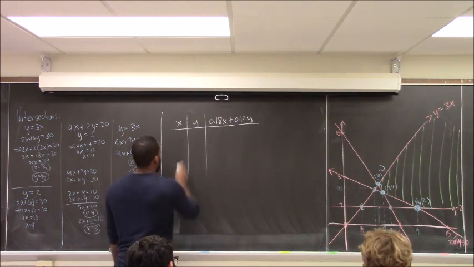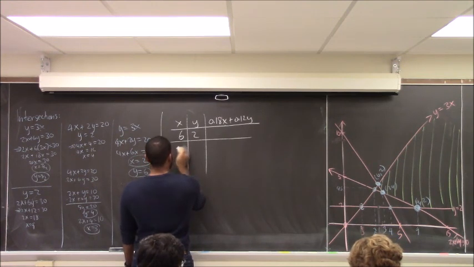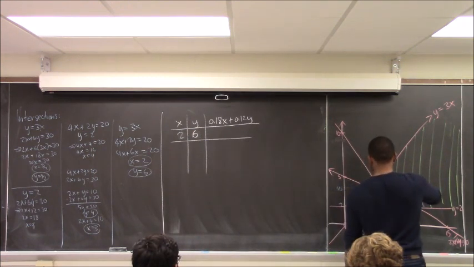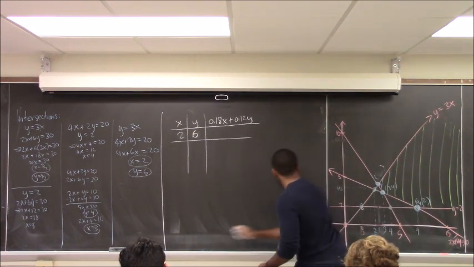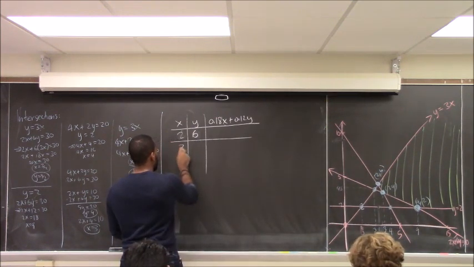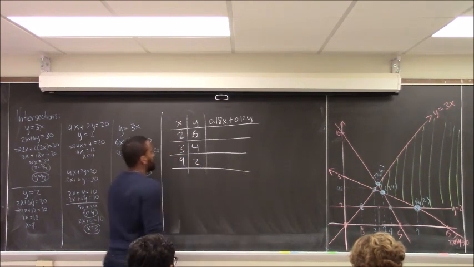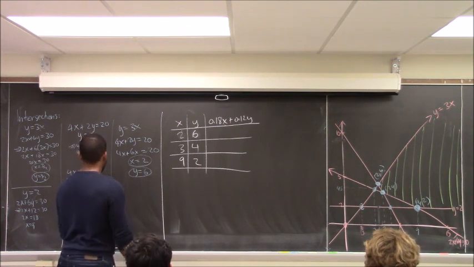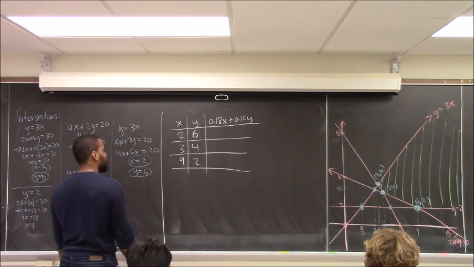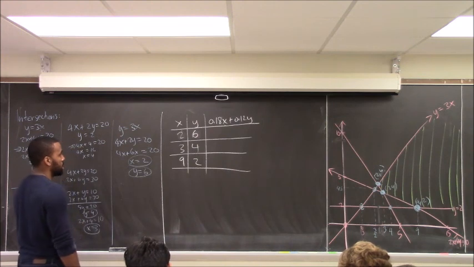The options are 2 and 6, and 3 and 4, and 9 and 2. So at this point, just reach for your calculator, compute these. What's the first one? 0.18 times 2 plus 0.12 times 6.